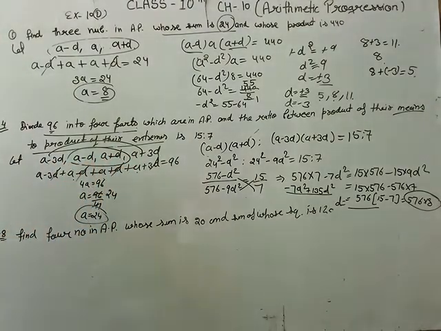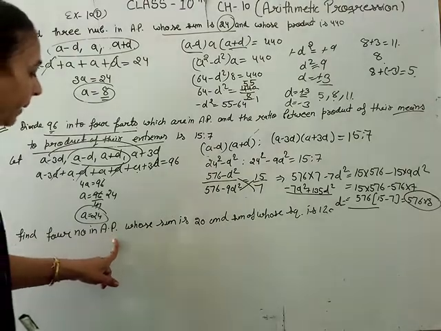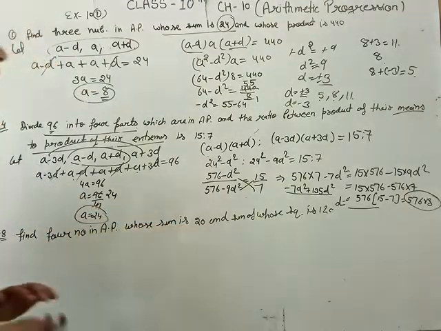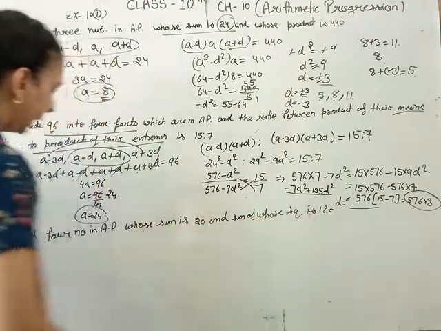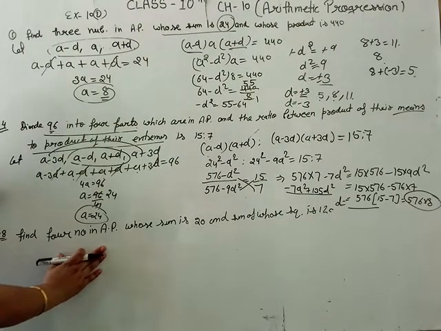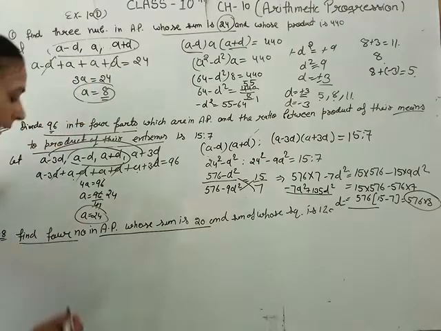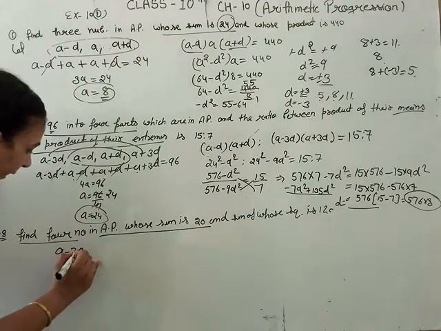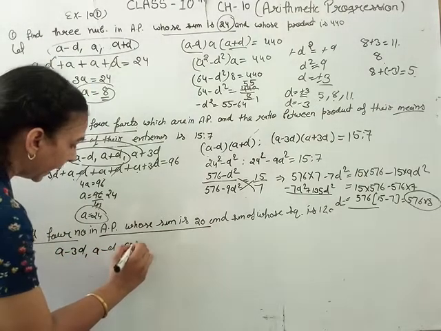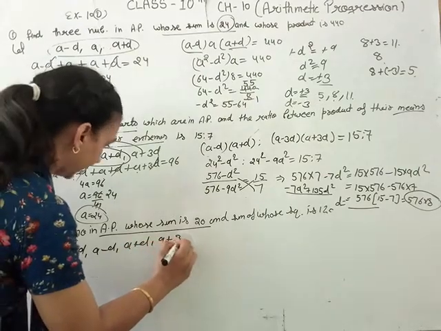Okay. Next is: find 4 numbers in AP whose sum is 24 and the sum of whose squares is 120. The 4 terms are A minus 3D, A minus D, A plus D, A plus 3D.